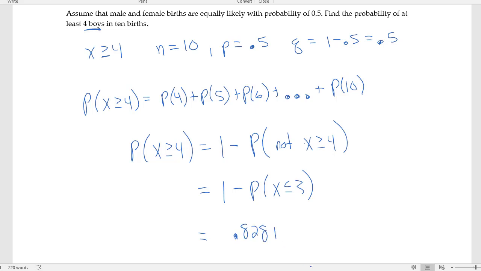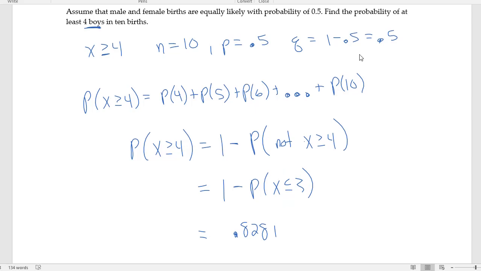So if we're doing a greater than or equal to, the TI and Excel require us to use the complement rule because both of those are programmed to go from 0 up to a number. So we just have to make sure we use the complement rule in those scenarios.